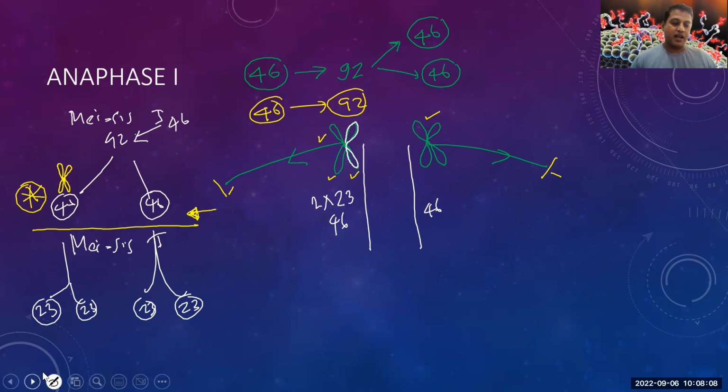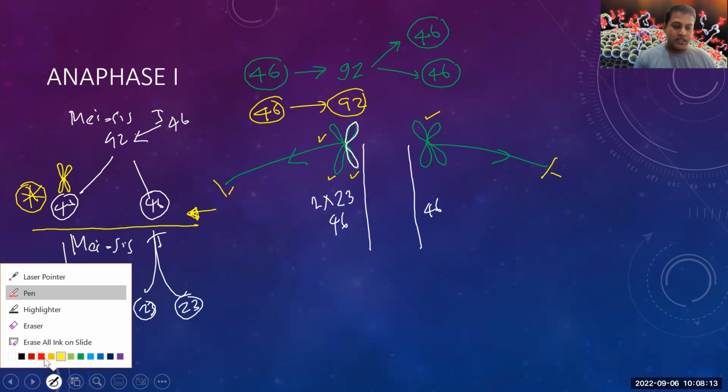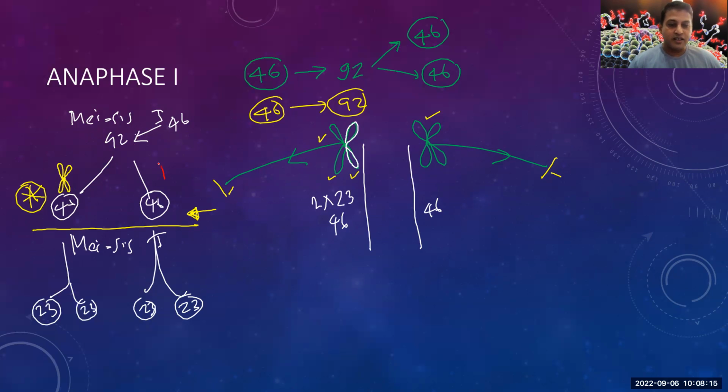But the other cell gets a homologous pair. That means I make a red color like this. If the yellow and red are in the same cell, it has all the information. But here only one cell gets yellow, the other cell gets red. That means genetic information is getting half.